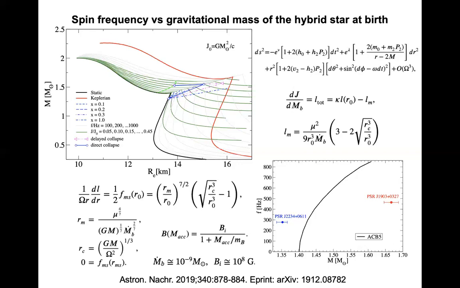However, this is the behavior as the frequency rises as the baryonic mass grows. So this is our finding, and this is what I had to present today. Thank you very much.